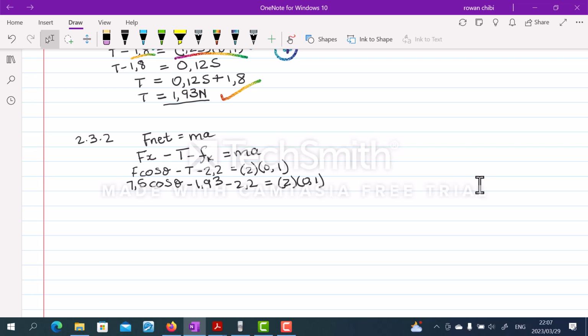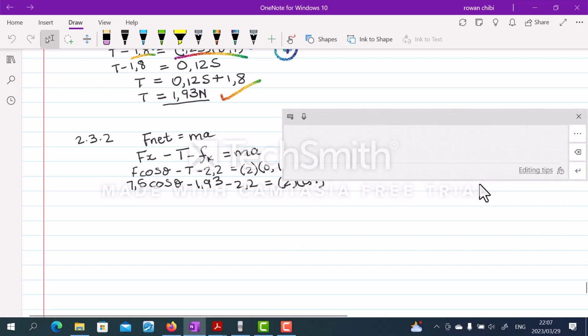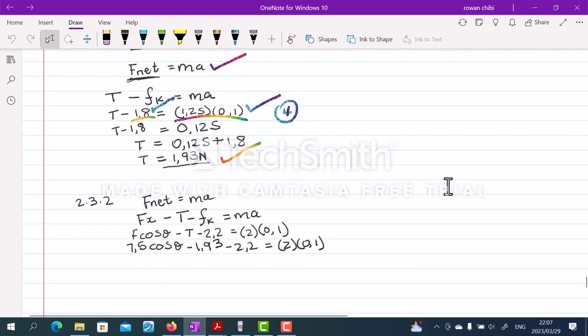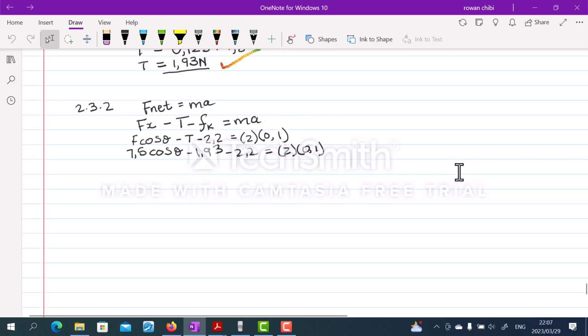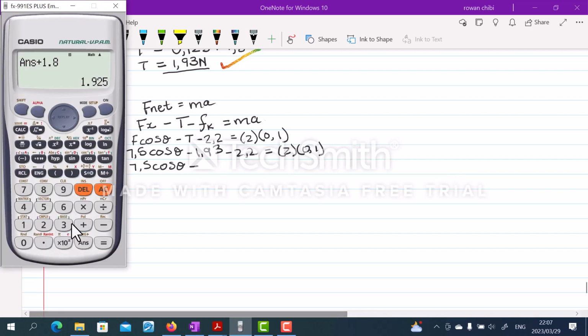So I have to do my calculation now. Take your calculator. You have 7.5 cos of theta, minus, so we need to add these two, 1.93 and 2.2.